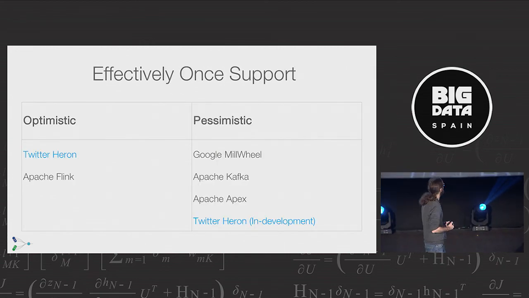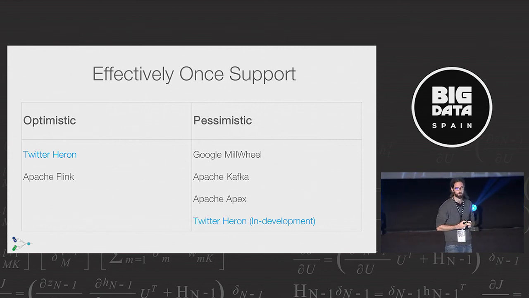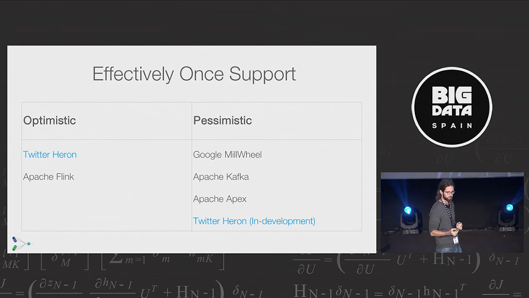So these are the systems that support the different kinds of effectively once. Twitter Heron, which is part of the Streamlio platform, currently supports optimistic, and we are developing pessimistic right now. So hopefully we'll have that soon.